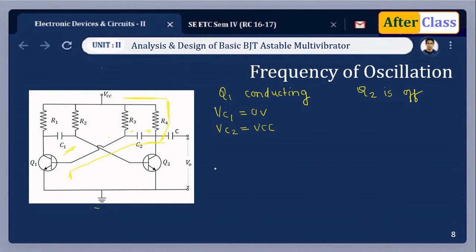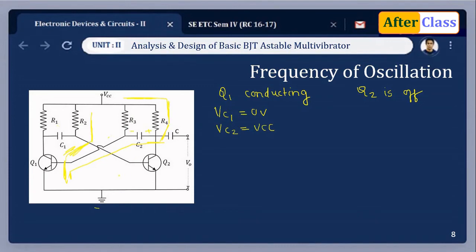What about the capacitor C1? Now C1, which was earlier charged, cannot hold a charge for an indefinite period, so it will start discharging via R2. This is a high resistance path because R2 is greater than R1.